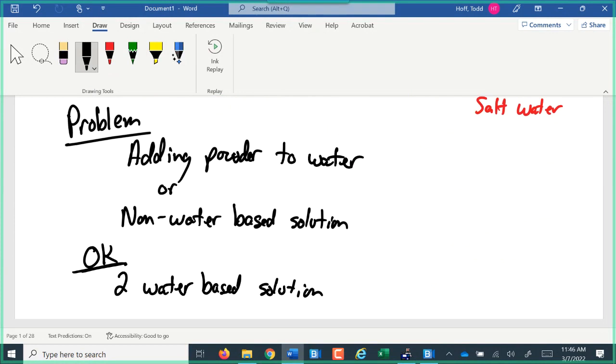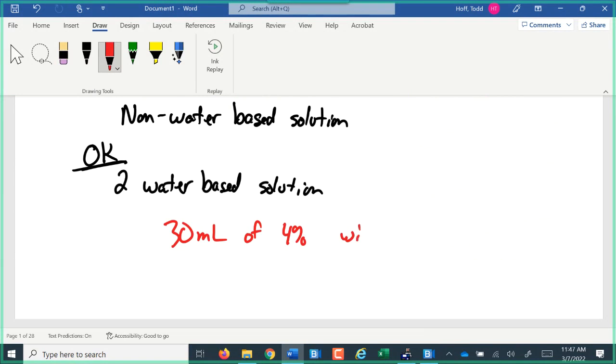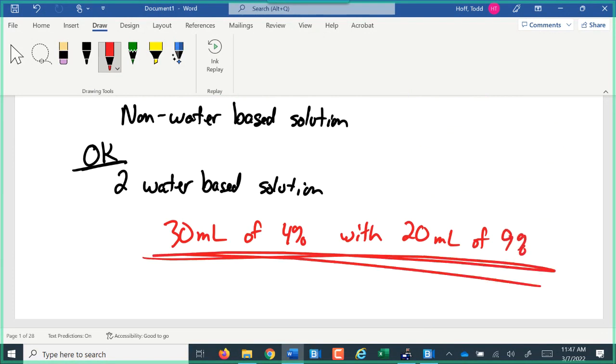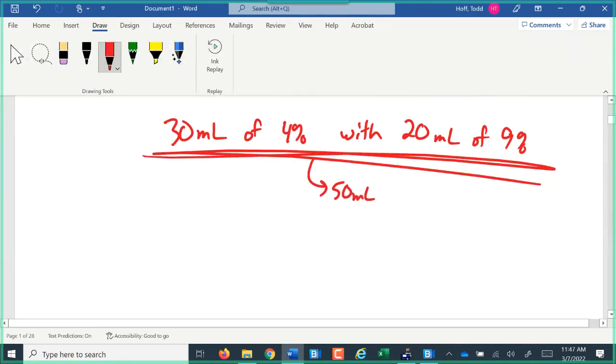If I am combining 30 milliliters of a 4% solution with 20 milliliters of a 9% solution, if those are serum dissolved into water, typically that will be additive. That will be 50 milliliters total solution. So there it is additive because they are both water-based, and the solute is a small enough portion of it that it doesn't affect the total volume.